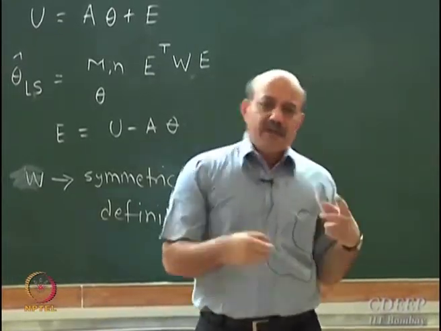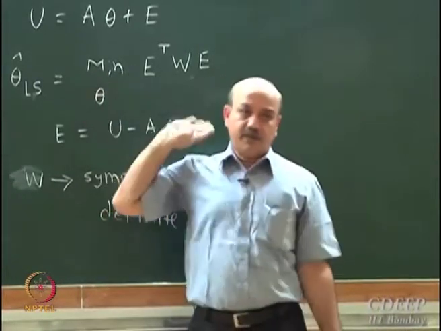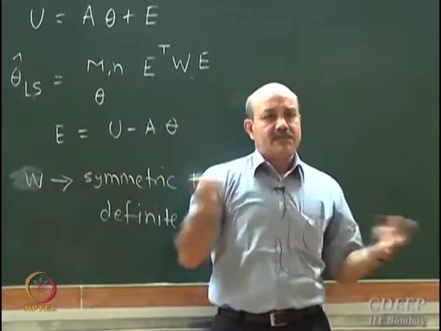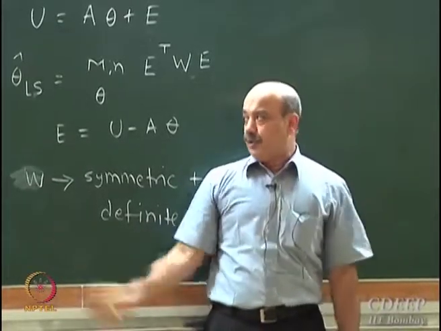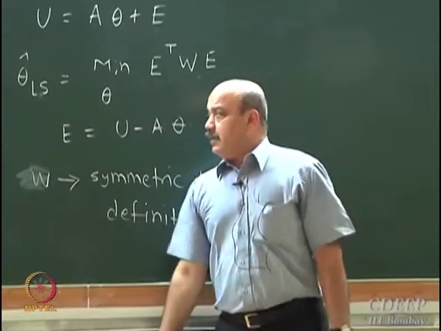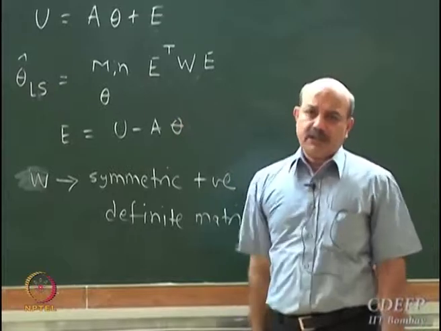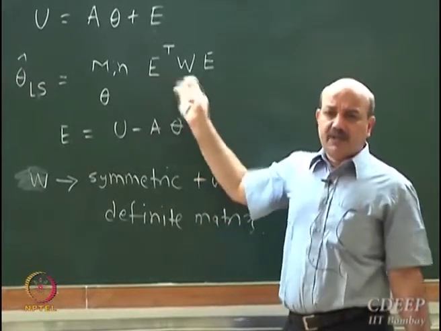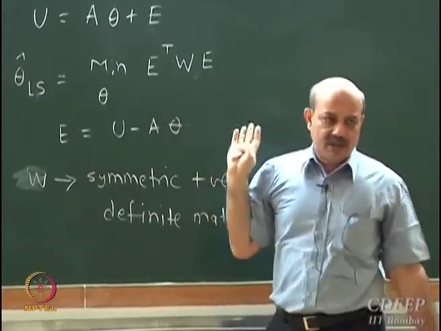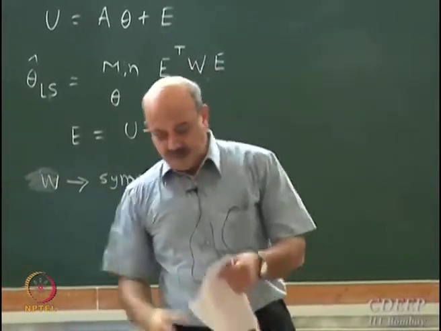Sometimes you need to do this because variables have different values and so on. So this is in general a formulation in which I have a weighting matrix, which is a symmetric positive definite matrix. As you know, if you take a positive definite matrix, it will define a 2 norm.